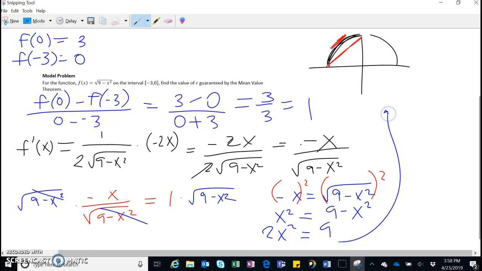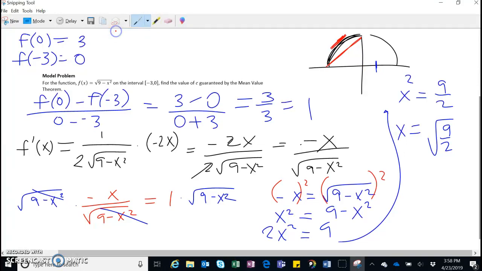Come up here where I have a little bit more room. I'll divide by 2. X squared is 9/2. And I'll square root, and I get the radical of that 9 over 2. Got to be careful because currently square root of 9/2 is a great answer, but it's not in my window. It's a positive square root of 9 over 2. That's somewhere over here outside of the problem that I'm considering.